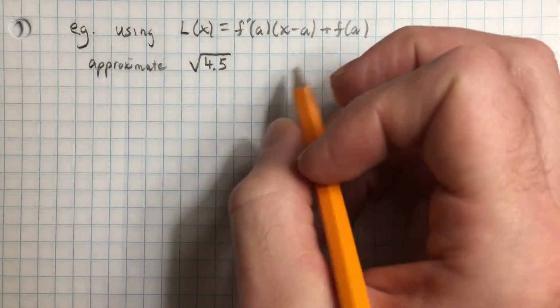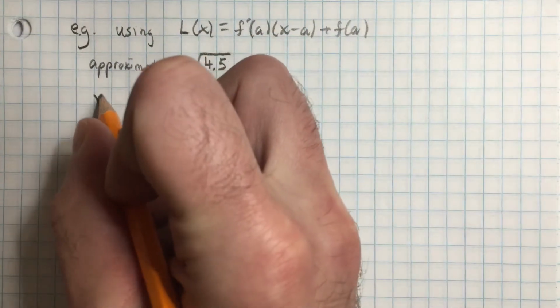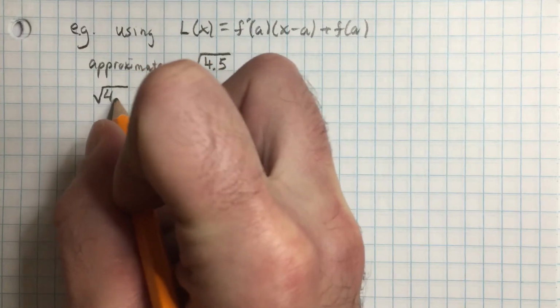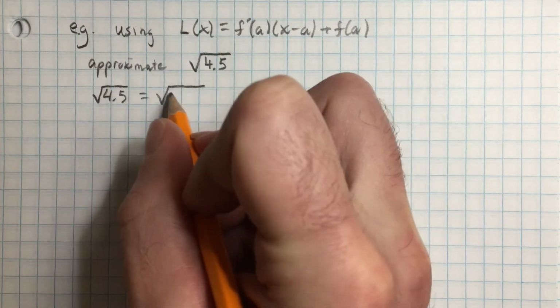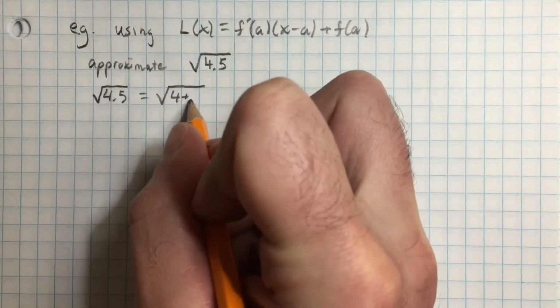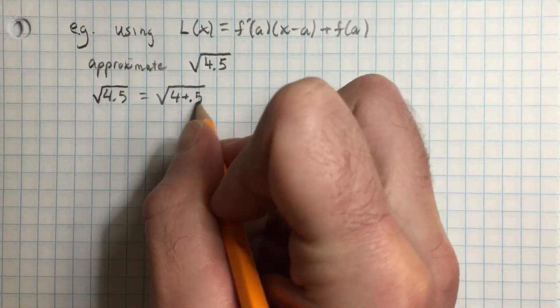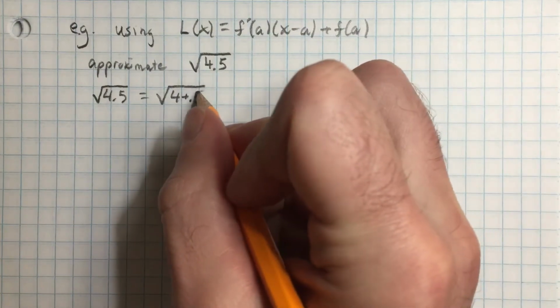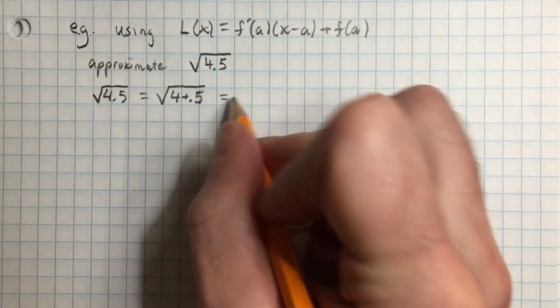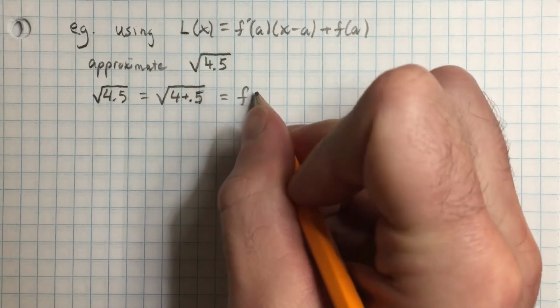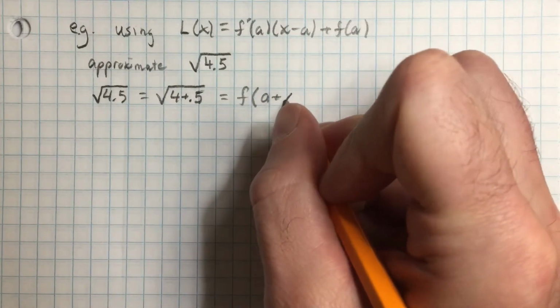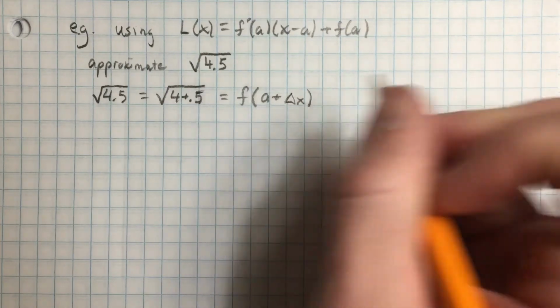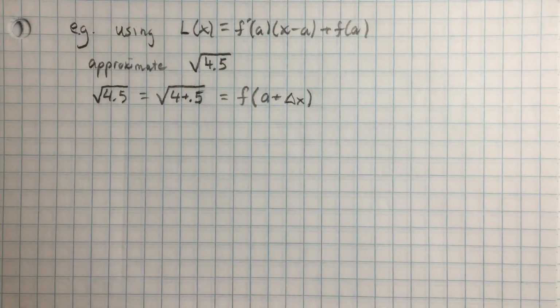So in this context, I would let the root of 4.5 be the root of 4 plus 0.5. Right? I'm going to view this as my function of a plus delta x or dx. Okay? This is my comparison.